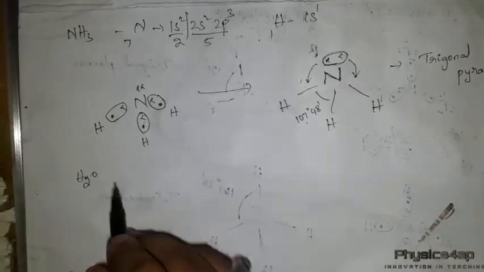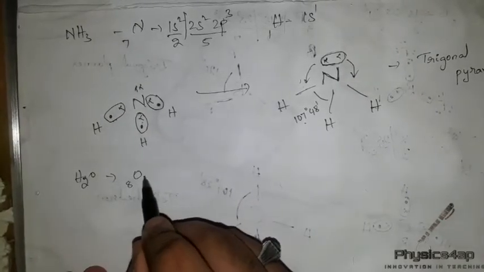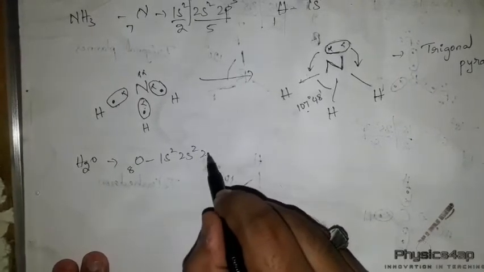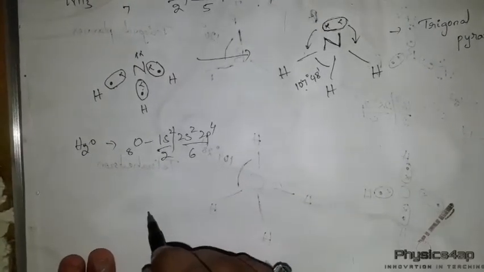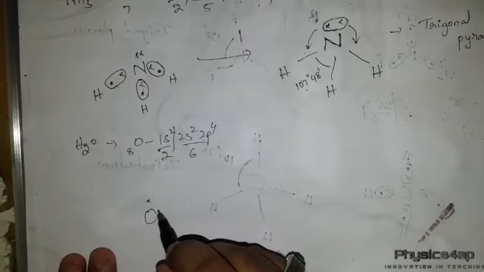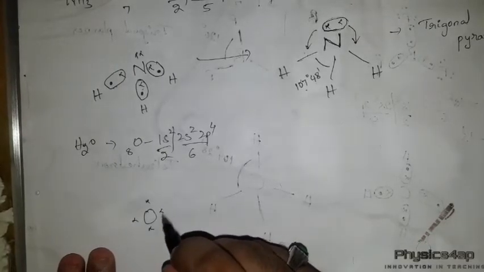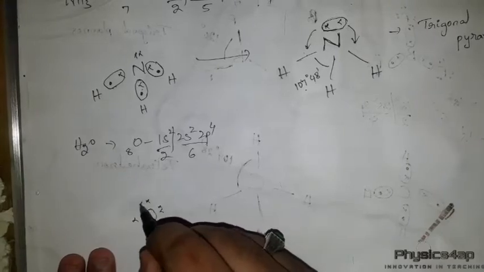Another example is the water molecule. Oxygen has atomic number 8, 1s2, 2s2, 2p4, so we have 6 electrons in its outermost orbit: 1, 2, 3, 4, 5 and 6.